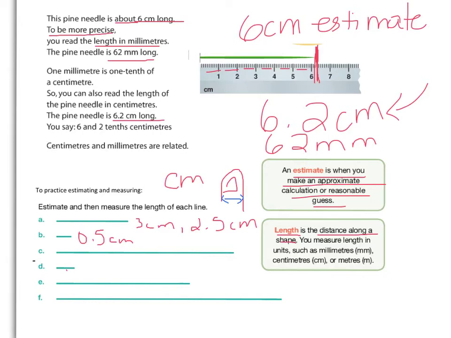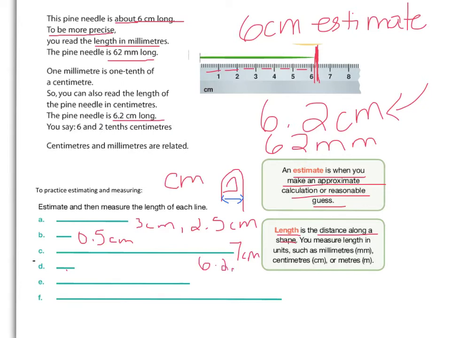For the next one, I get about 7 pinkies, so 7 centimeters would be my estimate. My actual, making sure I've lined up my ruler correctly, hoping that I haven't enlarged my screen at all, I have 6.2 centimeters.